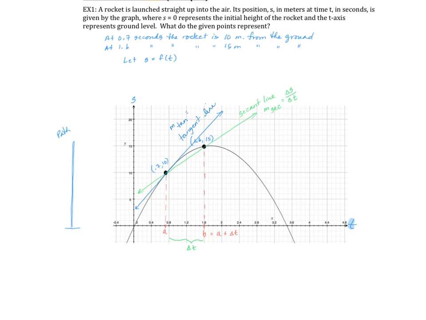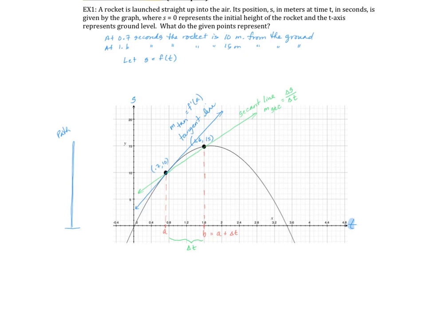So the slope would be the derivative at that point A. This seems kind of silly, right? I'm just going through a lot of notation, but there's a method to my madness, because we're going to be using this notation when we define a position function, velocity, acceleration, and so on.